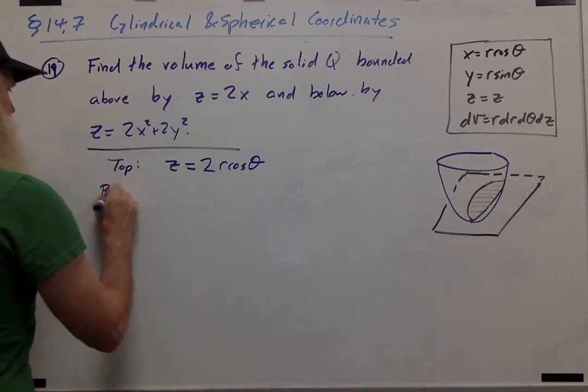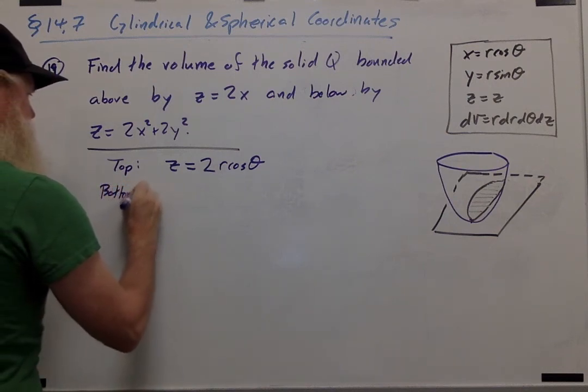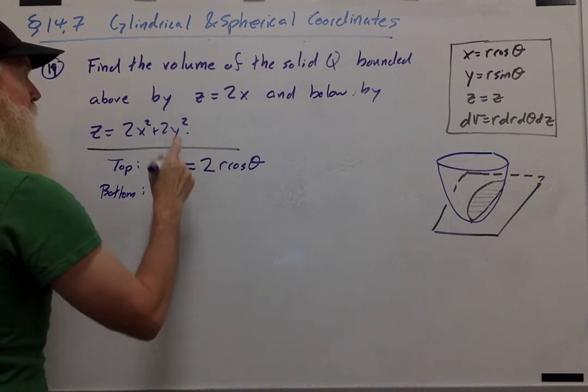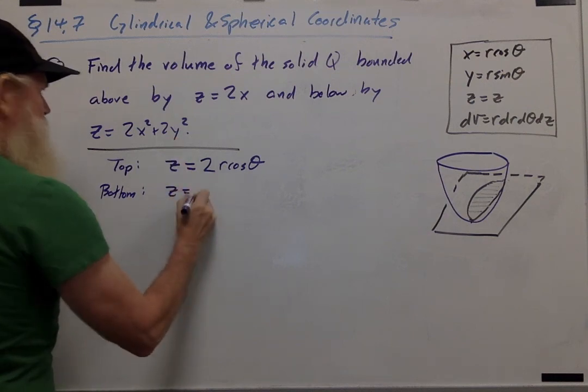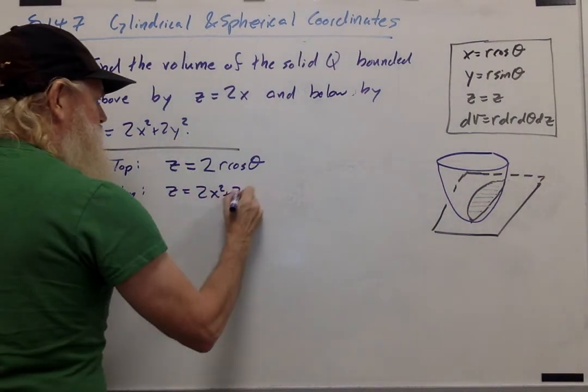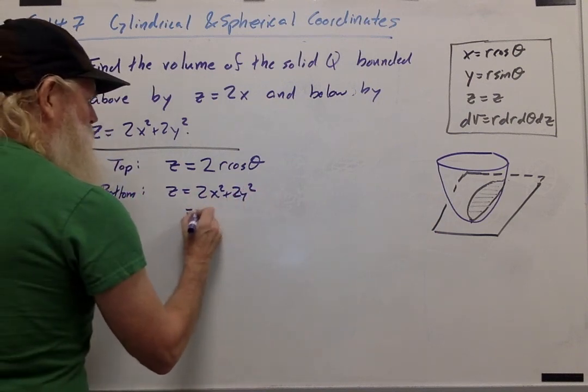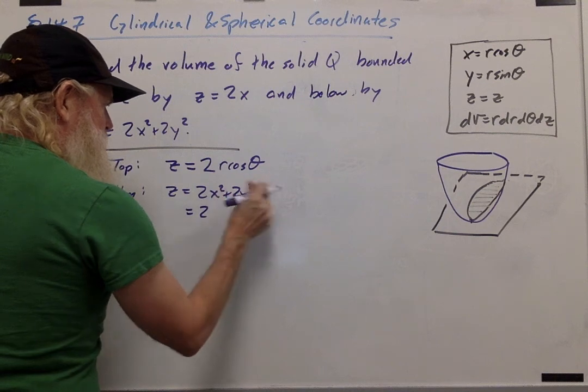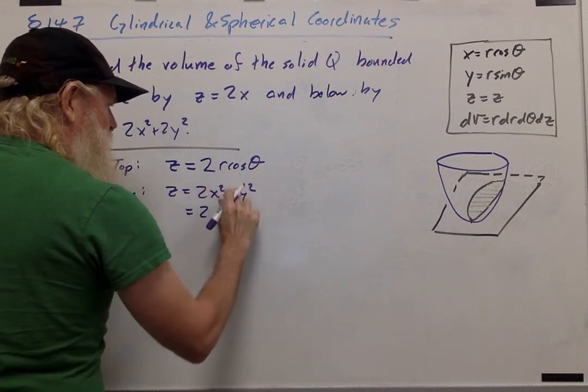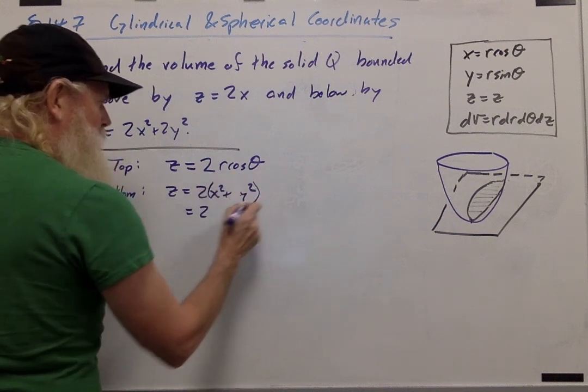And the bottom surface is given by z equals 2x squared plus 2y squared. But in polar coordinates, x squared plus y squared is equal to r squared.